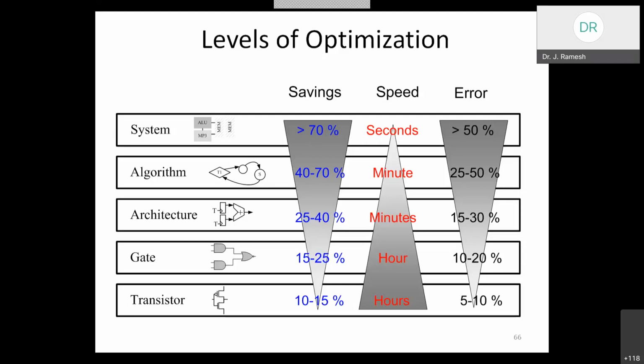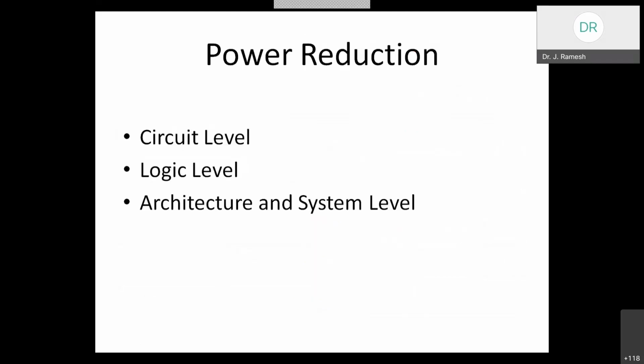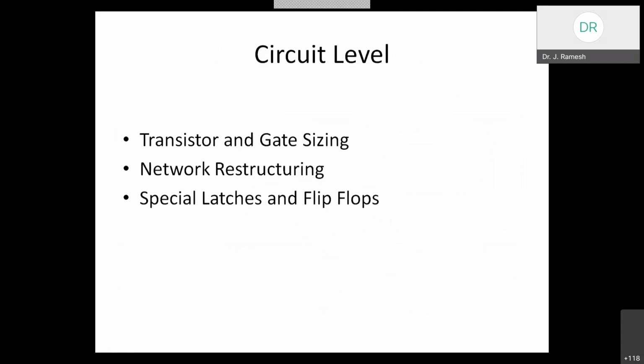And again, at the partitioning level, the floor planning level, placement level, and routing level also, we can try to reduce the power. So this is how the various techniques are applied at each level. We'll see some of the techniques in detail, which are used for power reduction.